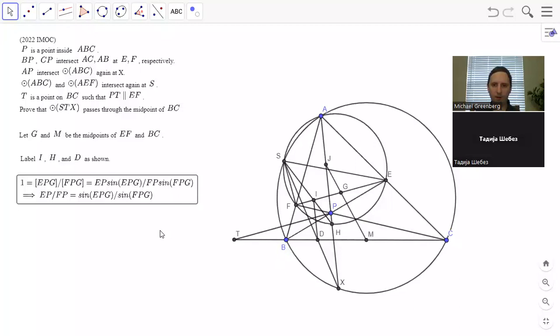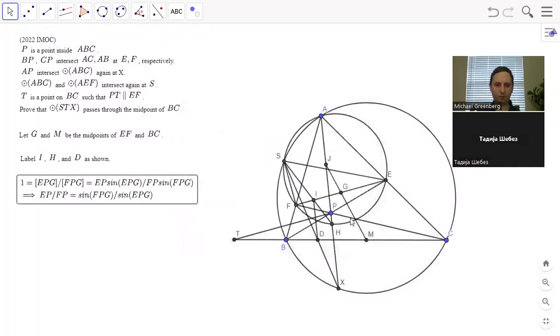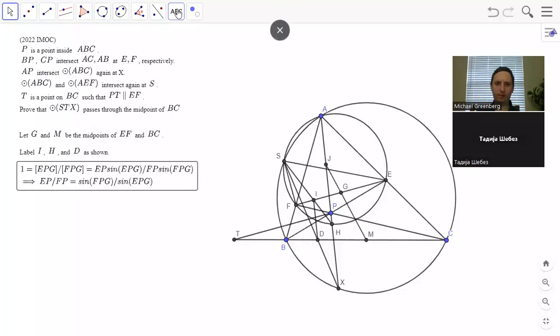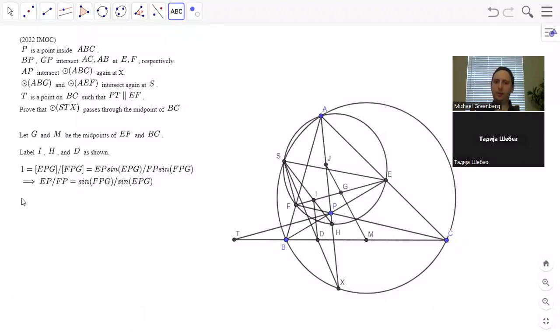All right. Or actually it's the other way, right? Yeah, I think it's the other way. Is that right? I think so. And then we have BPD and CPD.